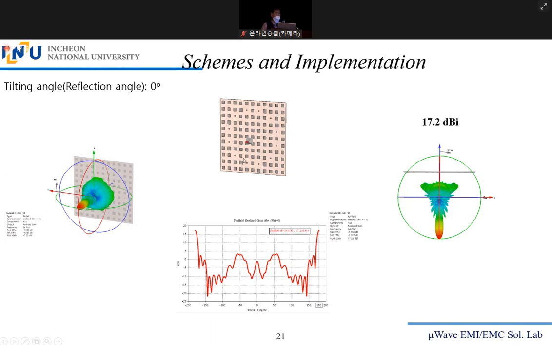You can see horn antennas usually have a diverging wave, but after hitting the metamaterial surface, the diverging wave is converging. So that's why you can see a very pointy and narrow beamwidth antenna performance. And if this is watched from the top like this, the antenna sees this direction. But after hitting, this direction will be the far field pattern.